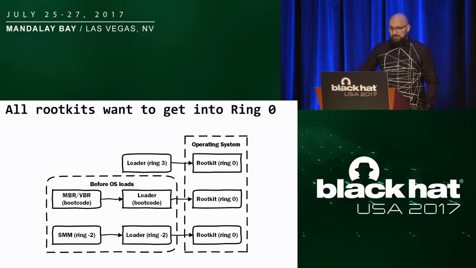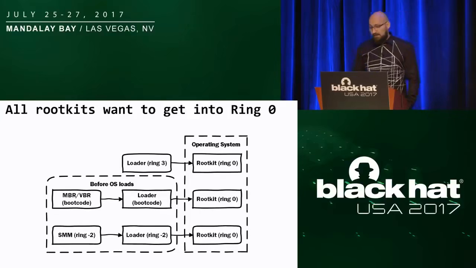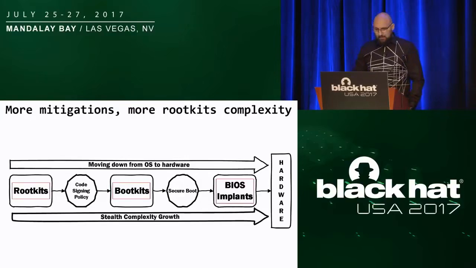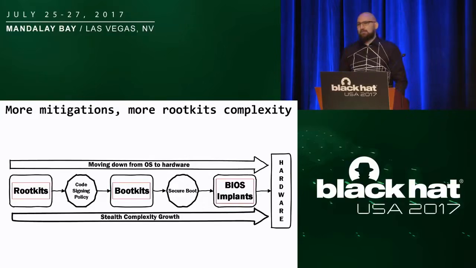And as you can see, a lot of researchers are currently looking in this space, and we already have some leaks about real implants for MacBooks, for example, on WikiLeaks with the Sonic Screwdriver. Also, mitigations in modern operating systems, like signed code policies and Secure Boot, make life harder for rootkits.